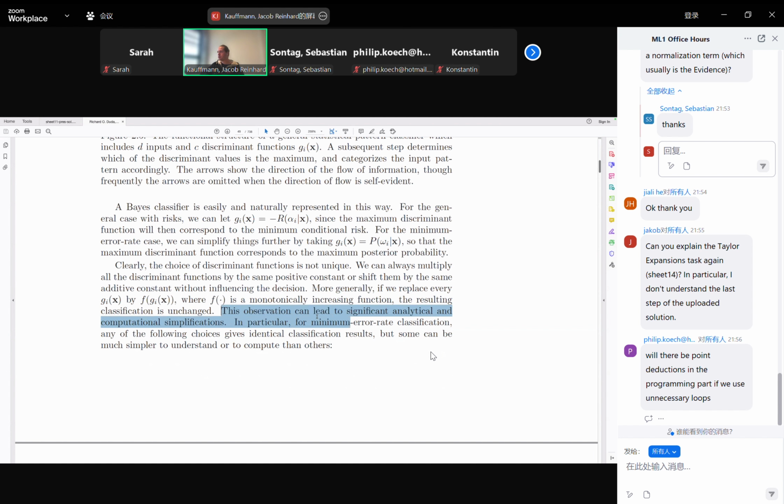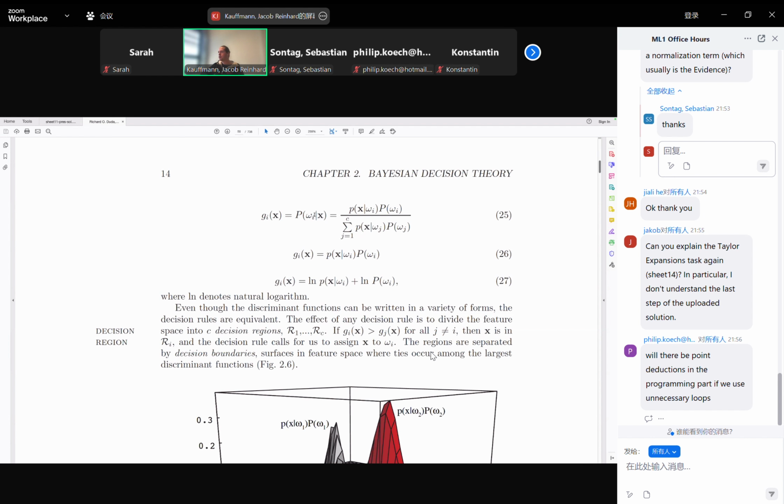This observation can lead to significant analytical and computational simplifications. In particular, for minimum error rate classification, any of the following choices give identical classification results, but some can be much simpler to understand or to compute than others. And then you see exactly the steps that we took in the lecture, right? So multiply by a constant or apply the log.